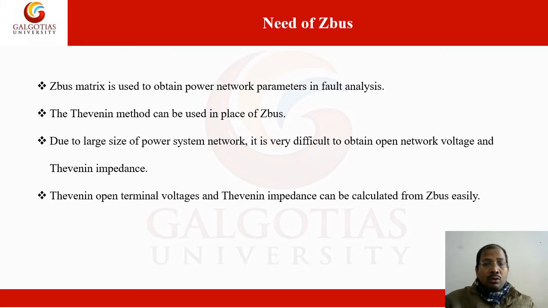So it is very difficult to obtain the Thevenin's voltage and Thevenin's impedance across the fault position. Due to the large size of the power network, it is very difficult to obtain the open network voltage and Thevenin's impedances. The Thevenin's open terminal voltage and Thevenin's impedances can be calculated from the ZBus very easily. So first we have to calculate the ZBus, then from the ZBus we can obtain our desired parameters.